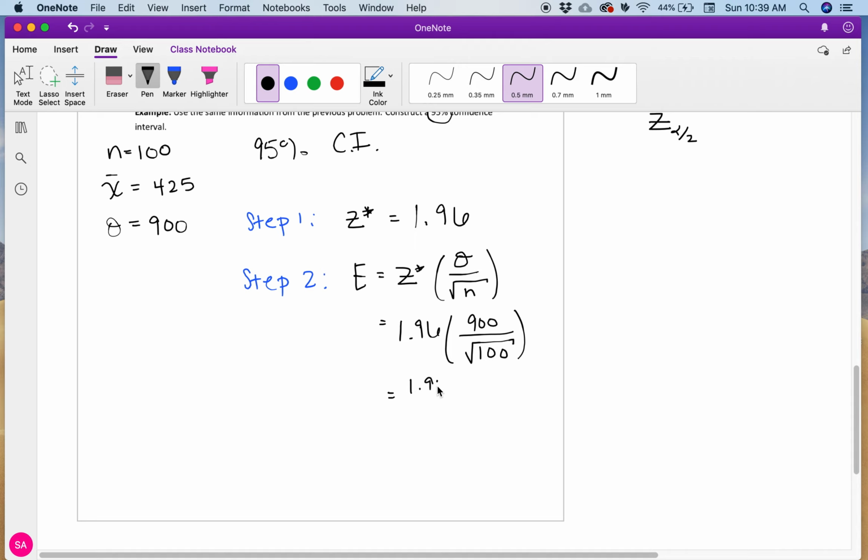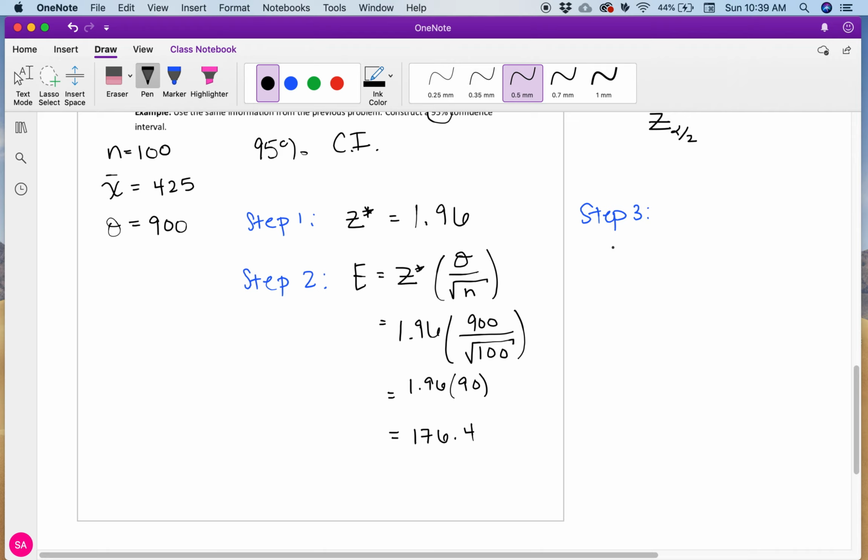Okay. And then we calculate. So if you're taking this in steps, we get 1.96 times 90, and multiplying that, you should get 176.4. Okay, so that was step 2. Now, last step, step 3, is actually build the interval.